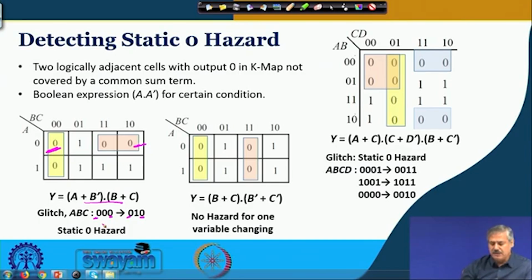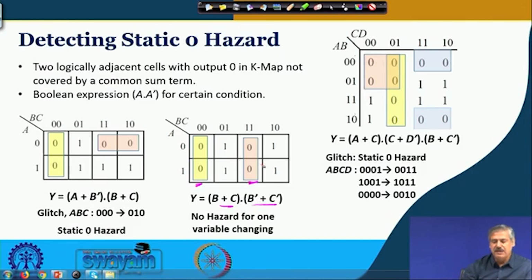If you look at the other truth table, similar to what we discussed in the static 1 hazard, there we grouped the ones, now we are grouping the zeros. This is one group and this is one group, and they generate the terms (b plus c) and (b prime plus c prime), and we AND them together to get the POS representation.